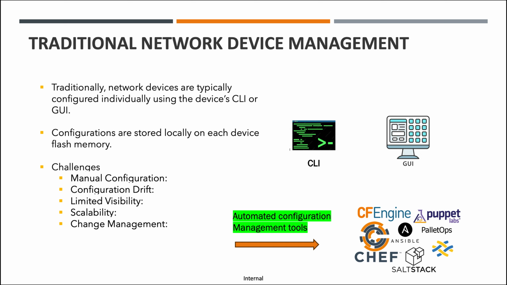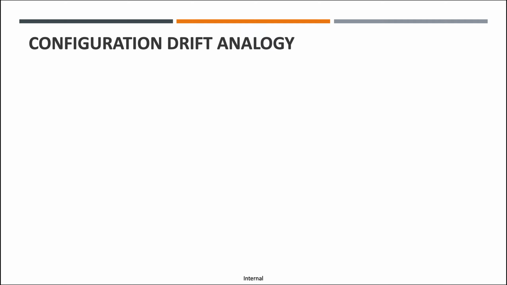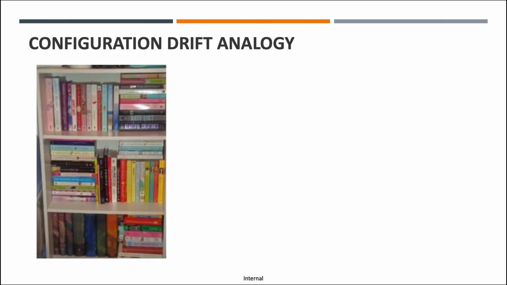Before we go ahead and discuss the configuration management tools and practices, we need to understand what configuration drift is. And for that, let me explain with an analogy. Imagine you have a perfectly organized bookshelf where each book is neatly arranged in alphabetical order.